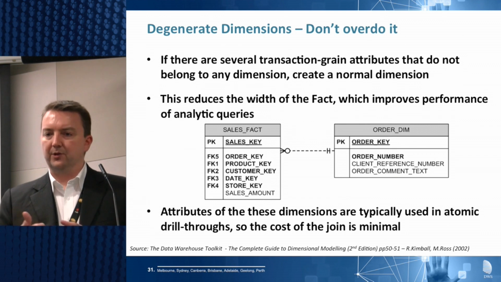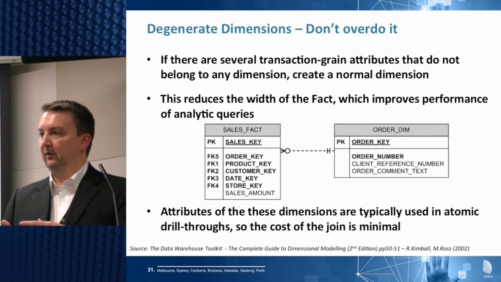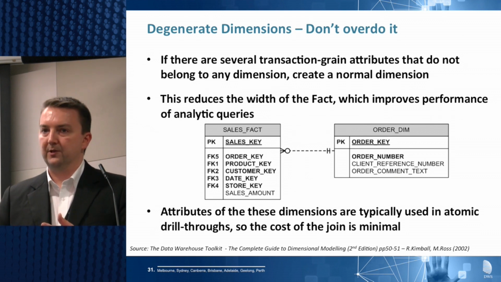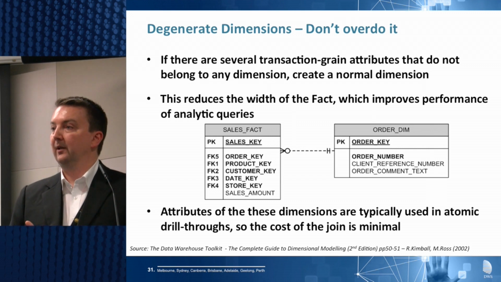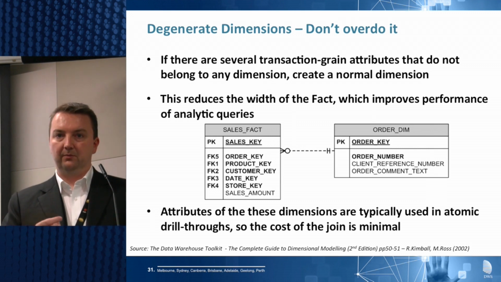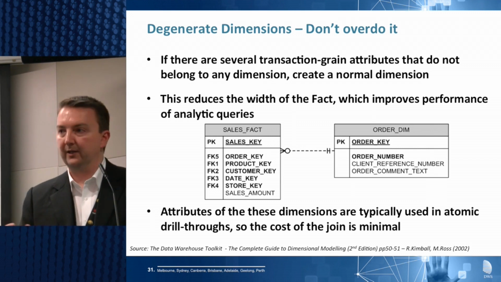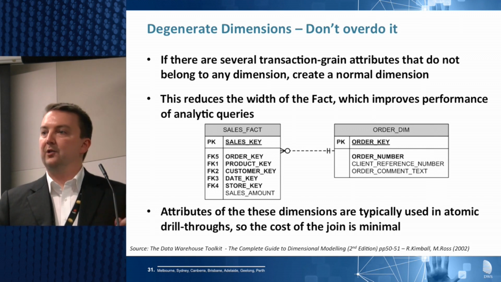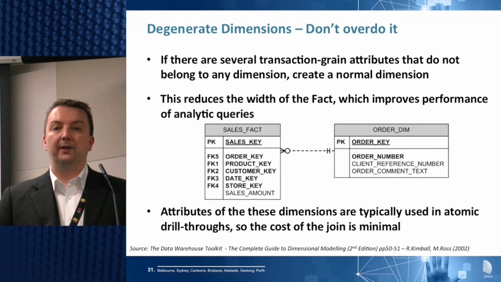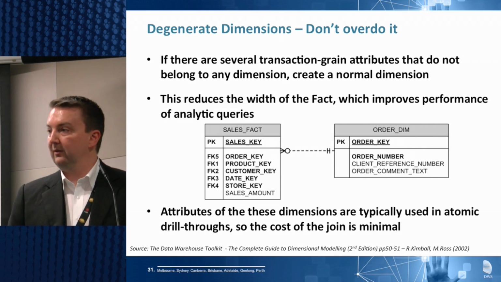But my order also has a client reference number. So the client gives me a number that he uses to reference that order. And there's also a free text comments field where the data entry clerk can enter in comments related to the order. We also came up with that case earlier where we had the event date and time accurate to the millisecond.